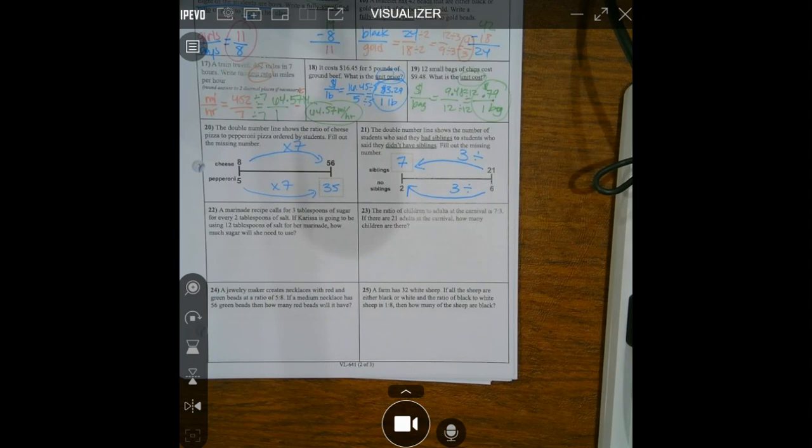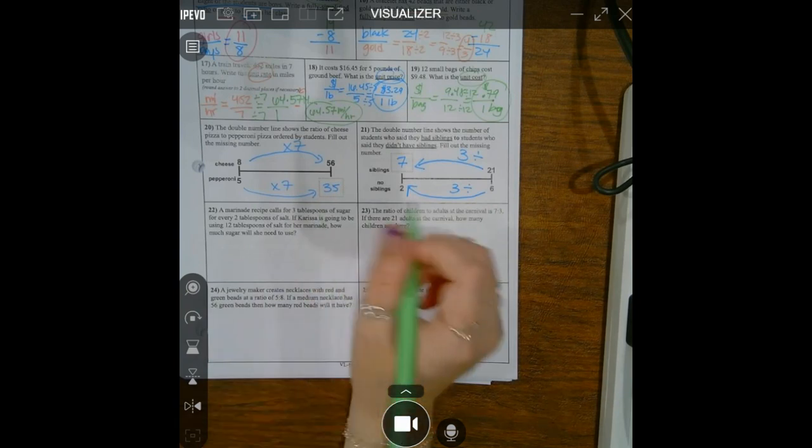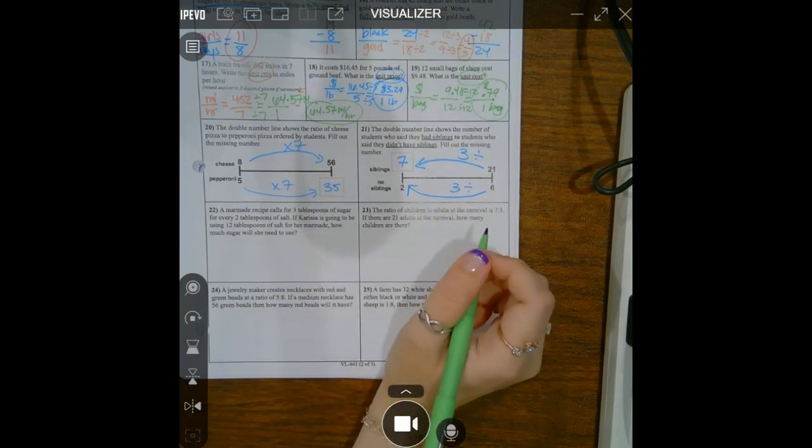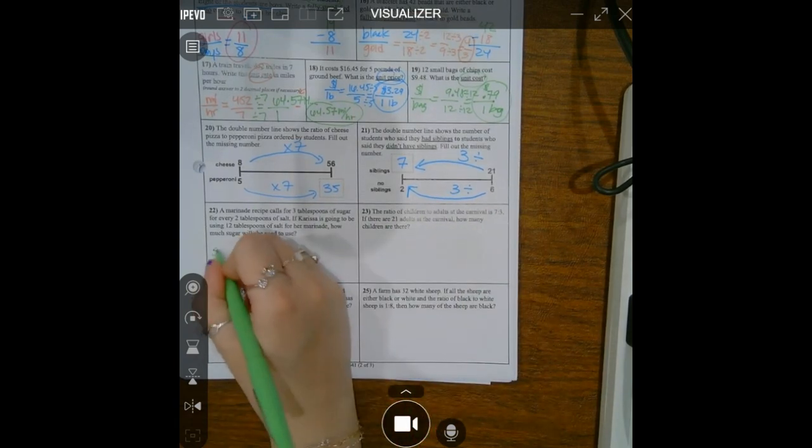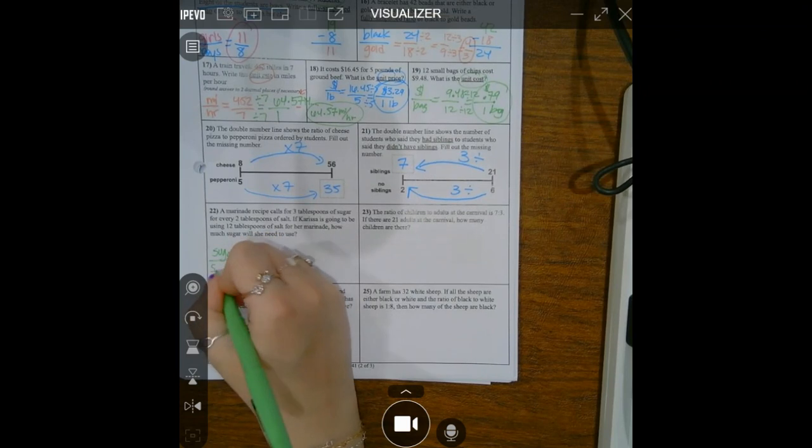Okay. The next one says a marinade recipe calls for 3 tablespoons of sugar for every 2 tablespoons of salt. Gross. If Carissa is going to be using 12 tablespoons of salt for her marinade, how much sugar will she need to use? Okay. So the two things I'm talking about are what and what? Yeah, sugar and salt.